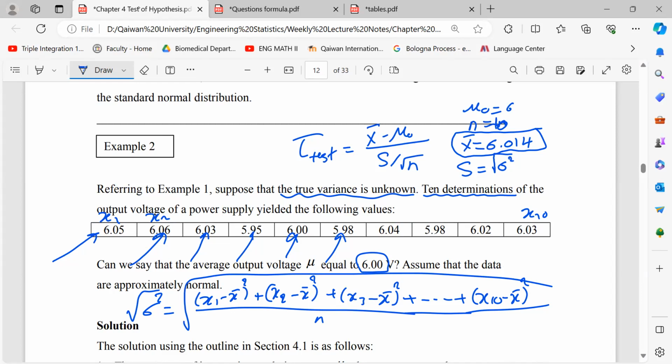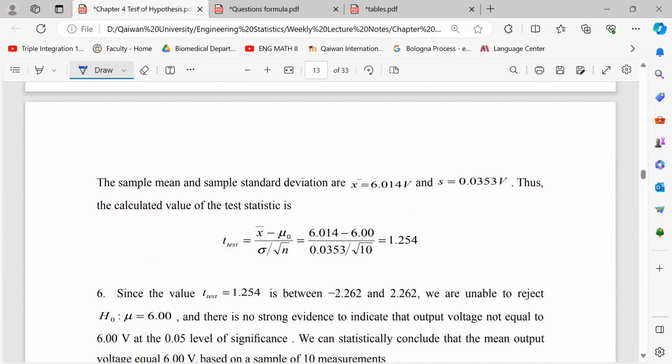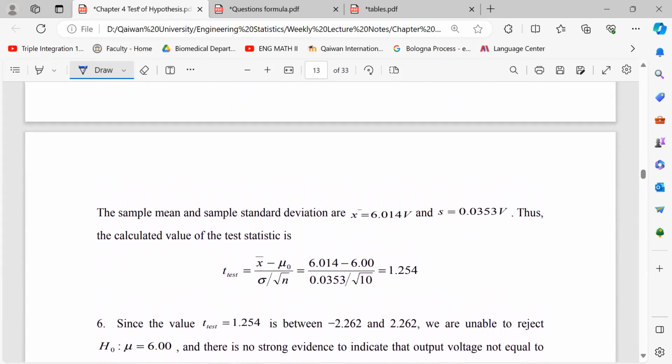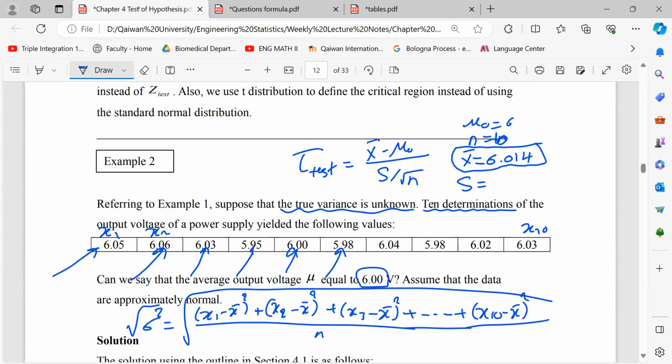Let me see what the result is here. s is 0.0353. This is s, the standard deviation.